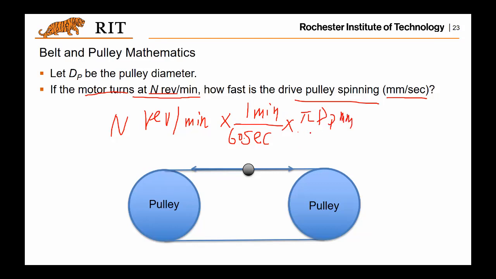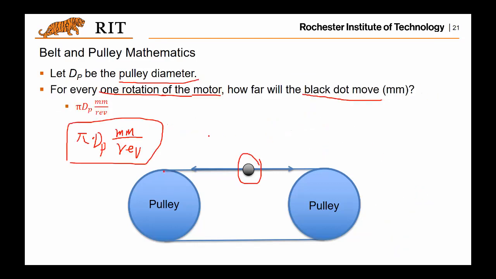That's per one revolution, right? That's how far the pulley spins for 1 revolution, and also how far this black dot moves.